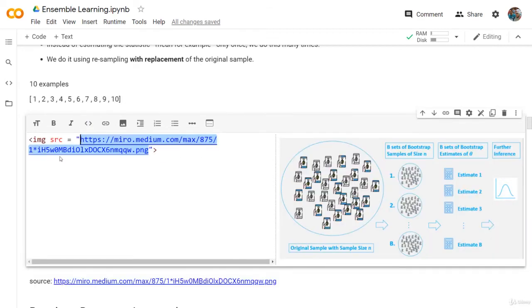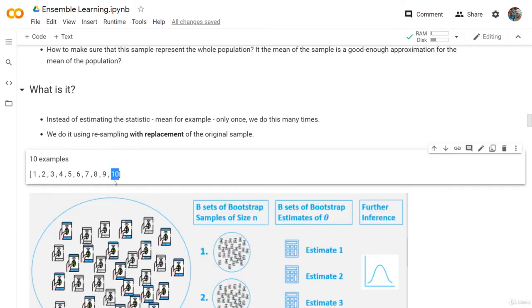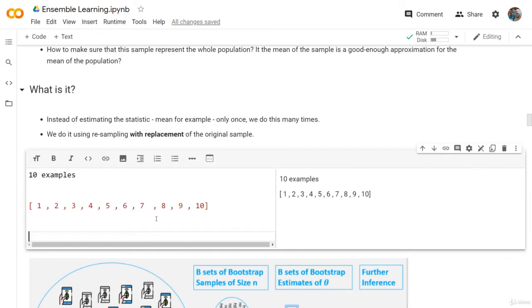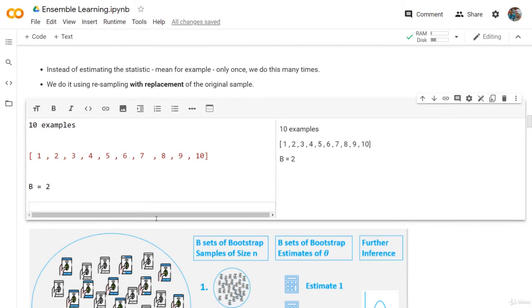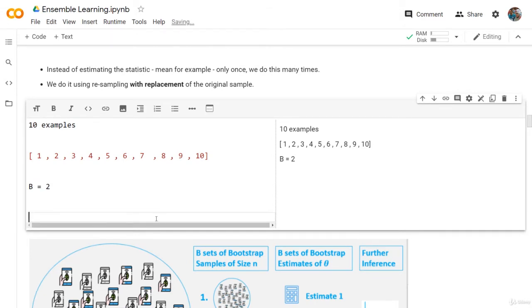So I will have here the first set, so let's say B is equal to 1. If I do this sampling with replacement, then I might end up with the first set being 1, 2, 1, 3, 6, 1, 2, and then 3, and then let's say 9, right?